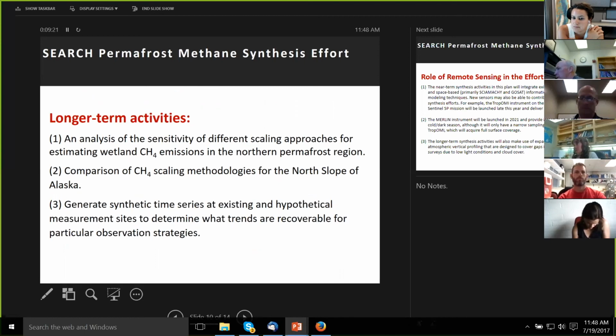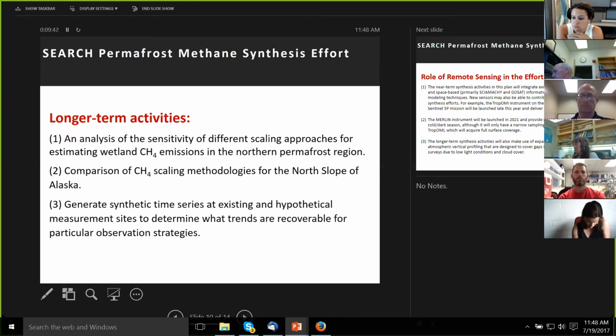Another is a comparison of methane scaling methodologies for the North Slope of Alaska. And the third is to generate synthetic time series at existing and hypothetical measurement sites to determine what trends are recoverable for particular observation strategies.